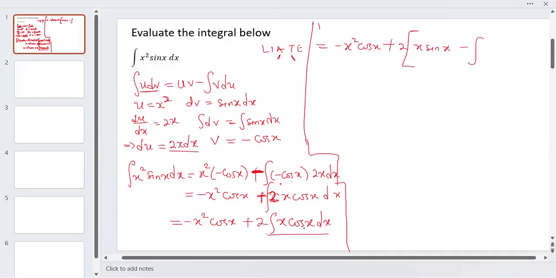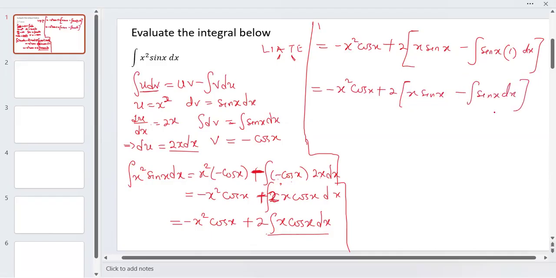So v is sine x. Then when you find du/dx, by the time you differentiate x, you get 1. So bracket 1, then put your dx. So this gives us minus x squared cos x plus 2 into x sine x minus integral of sine x dx.